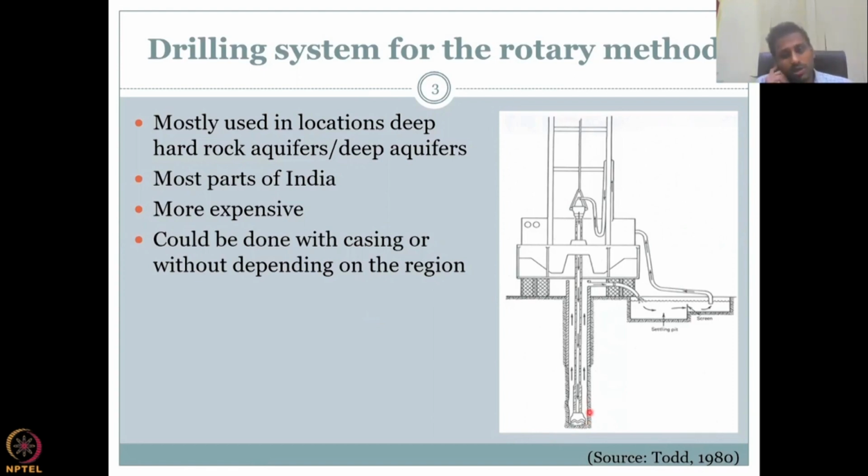Mostly it is done without the casing, but it depends on the region. If the region requires that the casing is put so that they prevent the sediments from collapsing in, you have to put. Normally what happens is you have casing only to a particular depth, and after that, it is nothing. It's just drill and then it takes it out and then you have your well ready.